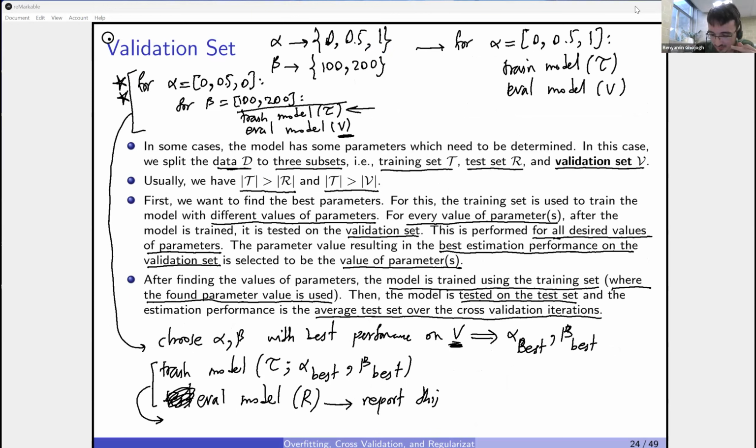Training the model using the training data set and the chosen hyperparameters is time consuming for deep learning. That's why people usually don't do cross-validation for deep learning, and they just set the hyperparameters such as learning rate and these things to whatever works well on the test data. And don't you think it's cheating? You're not supposed to have access to the test data for setting your hyperparameters.